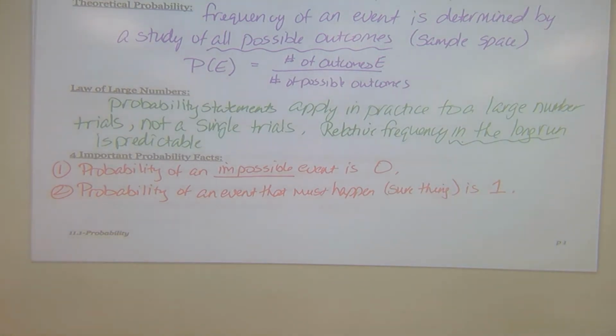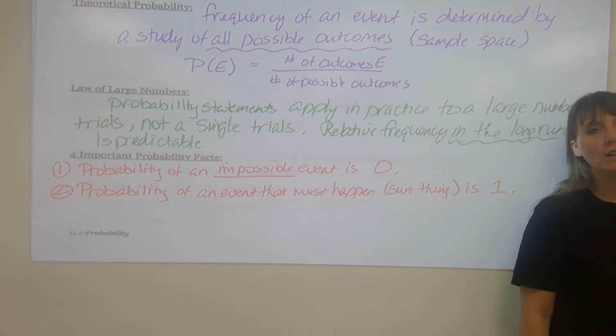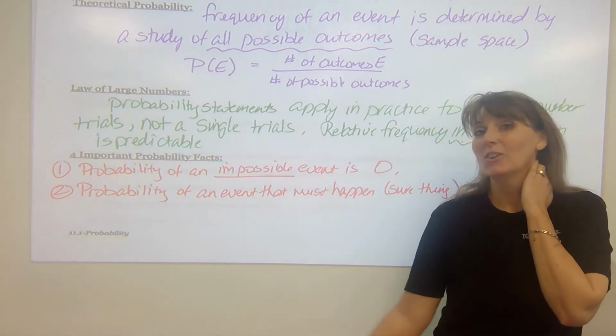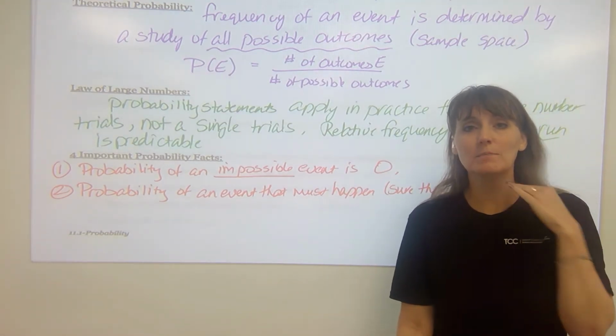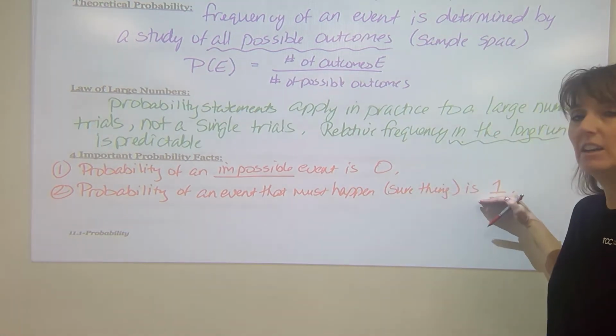So, if I'm rolling that die, regular die numbered 1 through 6, and my event is the probability of rolling a number less than 8. Well, what is the probability if I roll 1 die that the number that comes up will be less than 8? Well, that's a sure thing. It doesn't matter what it lands on, that's going to be less than 8. So that is a probability of 1.